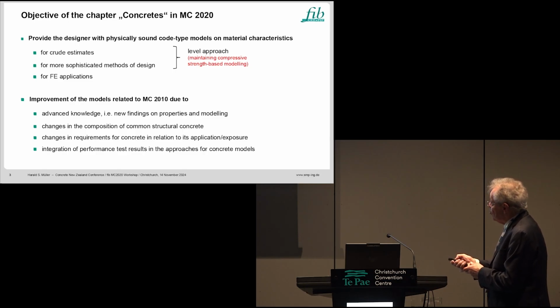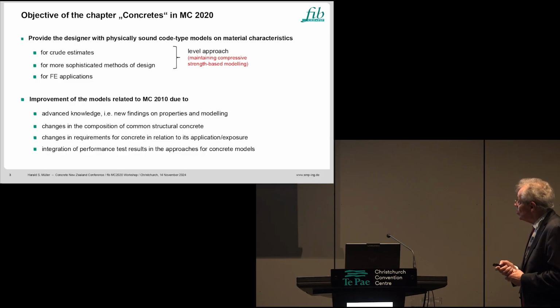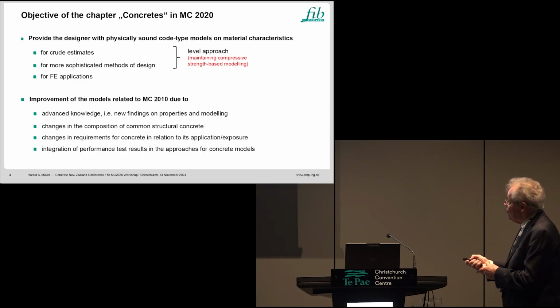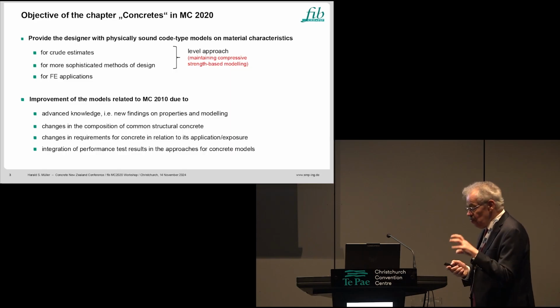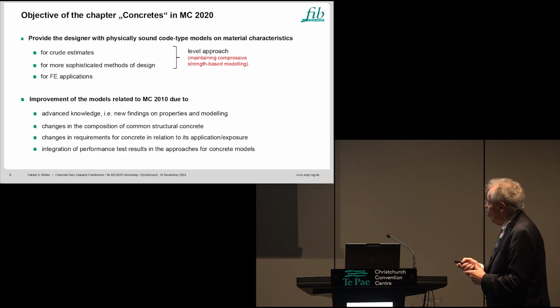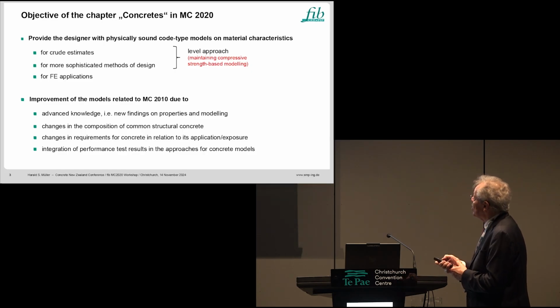Then we have changes in the requirements for concrete in relation to its application and exposure. And further, it is important today to develop models which allow the inclusion of tests, so performance tests, to improve the approaches. And this I will show you also in a few examples.